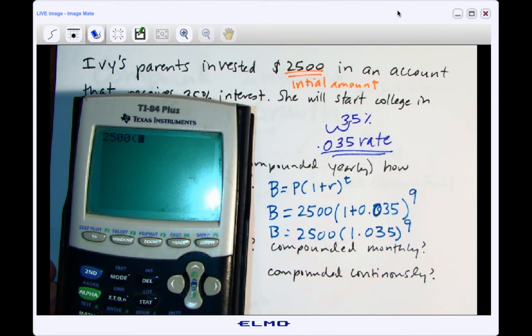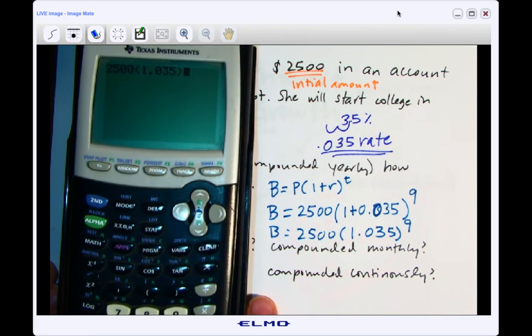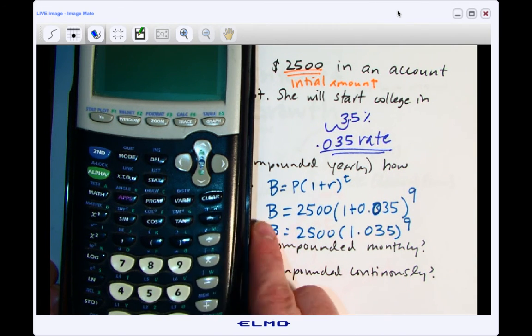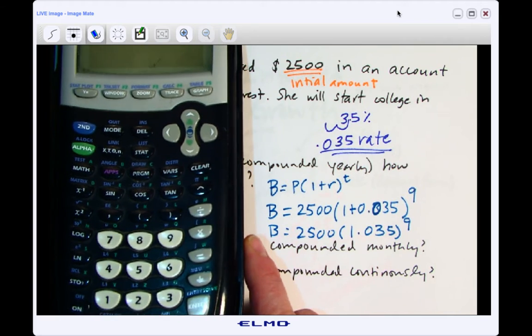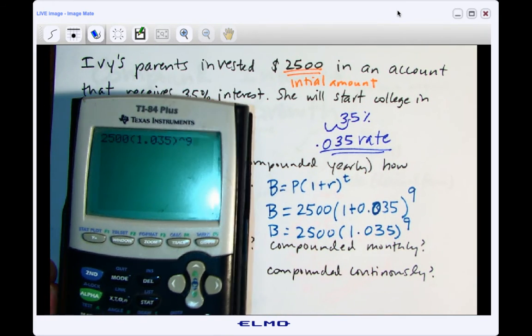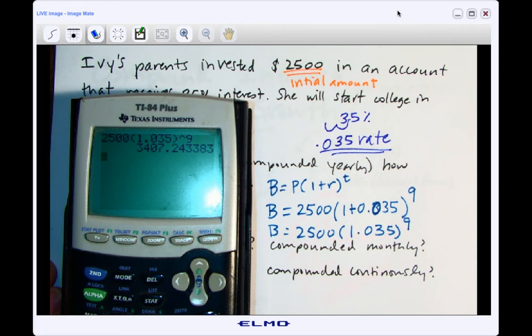And I'm going to put 1.035. And to raise it to a 9, of course, I'm going to use this little guy here. He's hard to see because the sun's glaring on him here. That's the little caret. Do you see him? So there's my caret. And I'm going to put it to the 9th power and hit enter.